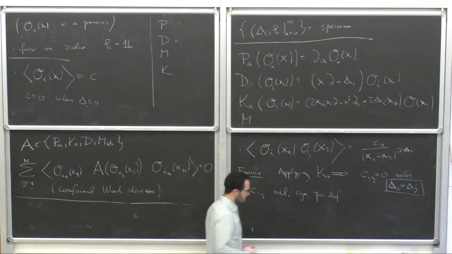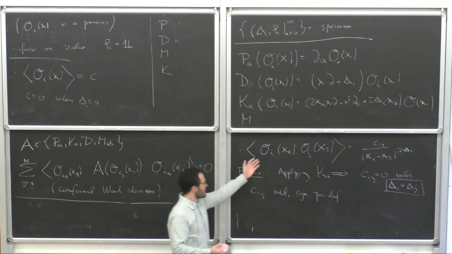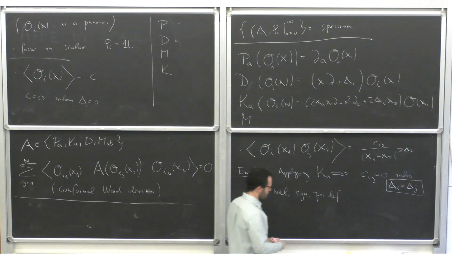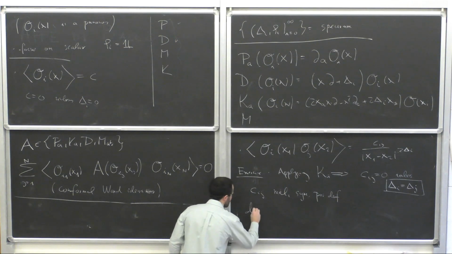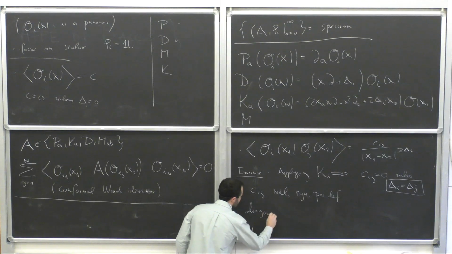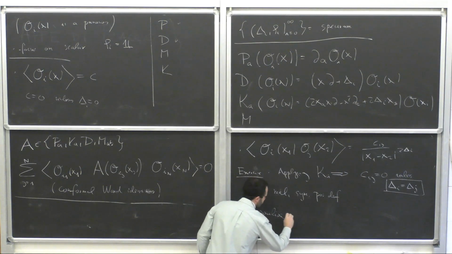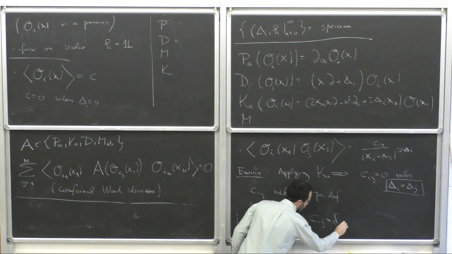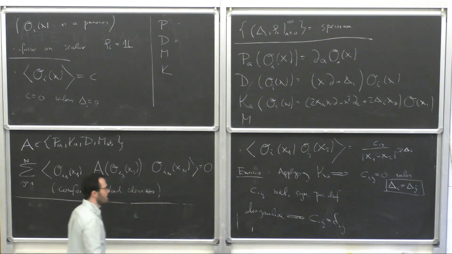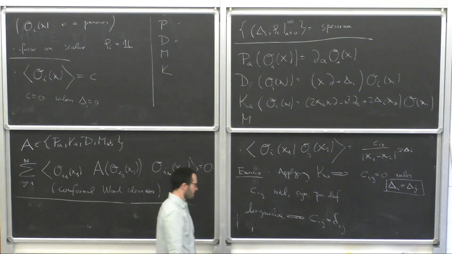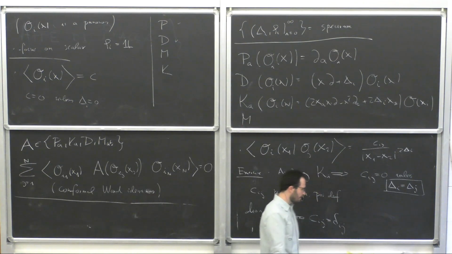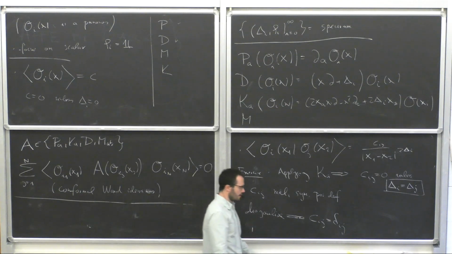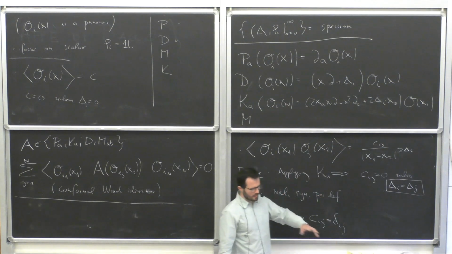And then we can just diagonalize it. So we can choose a basis for these operators such that Cij becomes delta ij. Any real symmetric bilinear form can be diagonalized over the reals, and its only invariant is the signature, the number of pluses and the number of minuses.